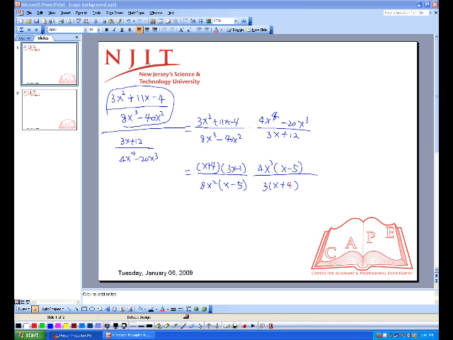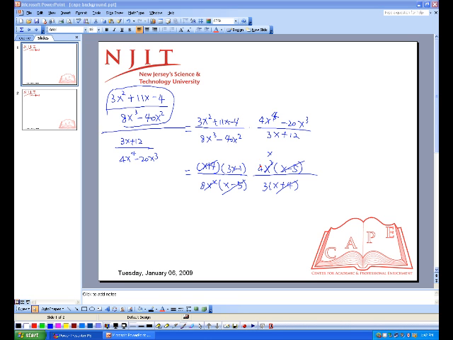Okay? So after that, we can start canceling out terms. Well, x minus 5 and x minus 5. x plus 4 and x plus 4. Okay? Now we have x squared and x cubed. We should be able to factor out the x squared, but the x cubed would still have a remaining x, because x cubed divided by x squared is x.